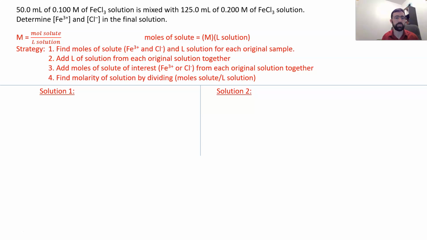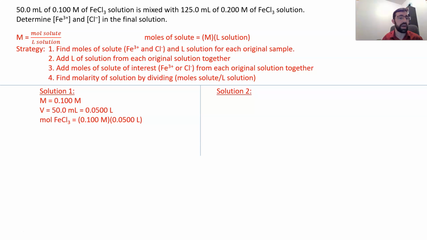We've got two solutions. The first solution is going to be this one here. Solution 2 is going to be this one over here. So the molarity of the first solution is 0.100 molar, and the volume is 50.0 milliliters. Let's turn that into liters. That would be 0.0500 liters.